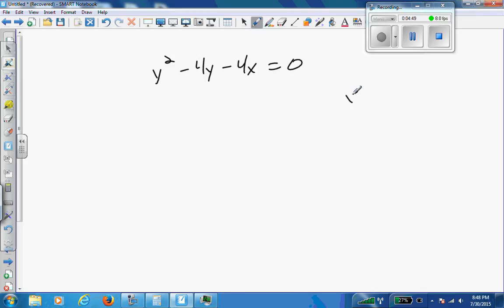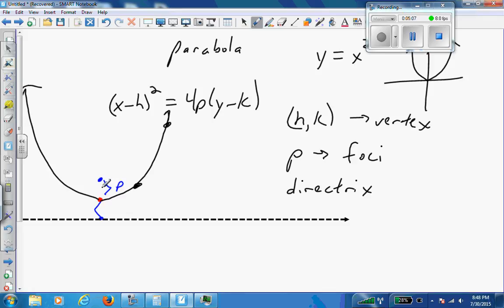Now we saw a while ago we have x minus h squared equals 4p times y minus k. Basically y equals x squared, so we have a vertical parabola. I didn't mention that if p is positive, then our focus is p units above the vertex. So if our vertex is (h, k), then the focus is p units above k, so (h, k plus p).